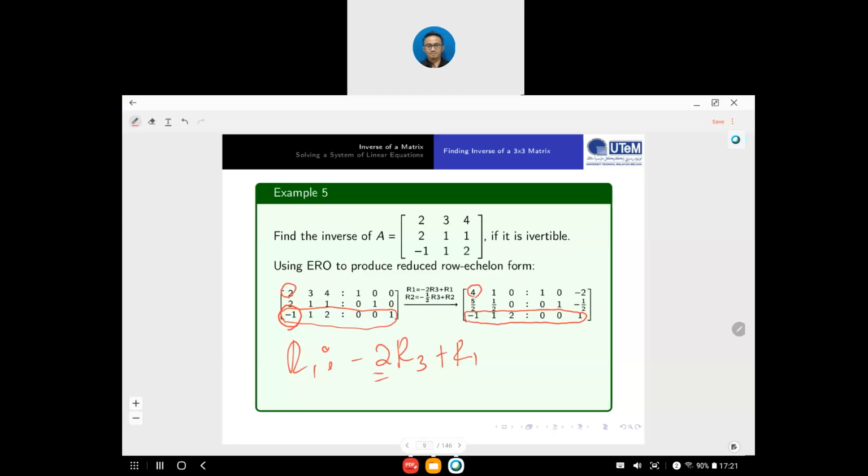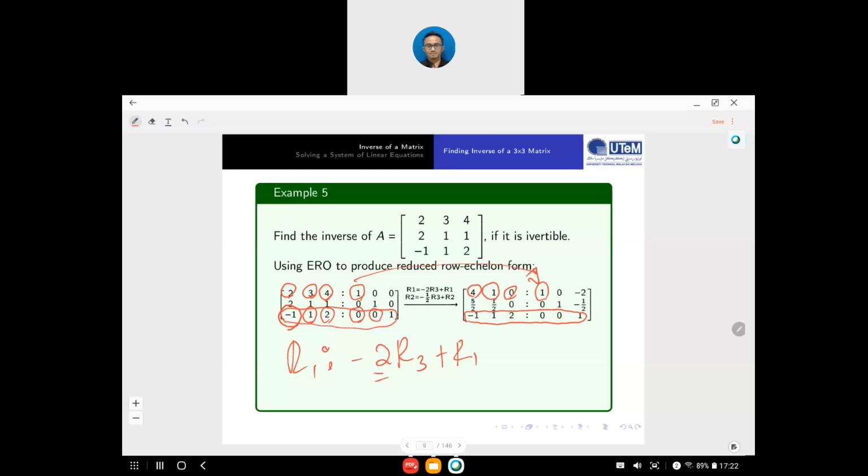The answer here is 4. Negative 2 times 1 is negative 2, plus 3 equals 1. Negative 2 times 2 is negative 4, negative 4 plus 4 is 0. Negative 2 times 0 is 0, plus 1, so the answer here is 1.